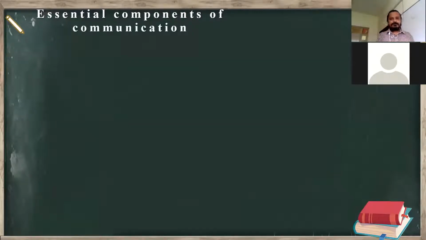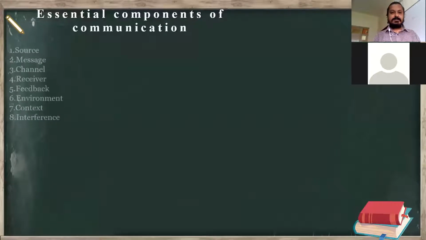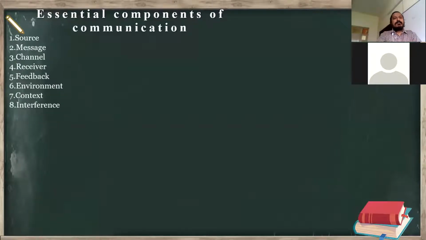Today we'll look at the essentials of communication components. On your left side, I have listed 8 major components, and it starts with source, message, channel, receiver, feedback, environment, context, and interference.